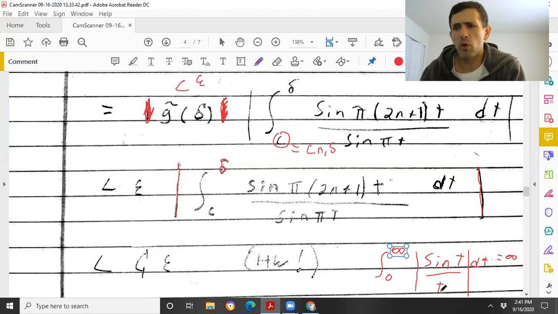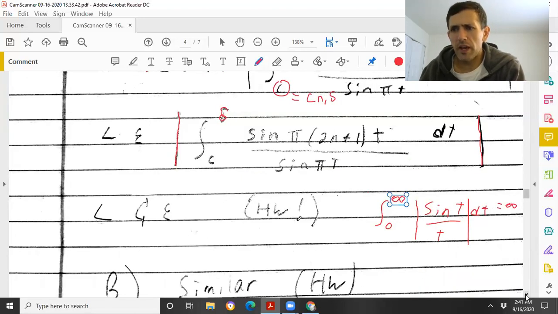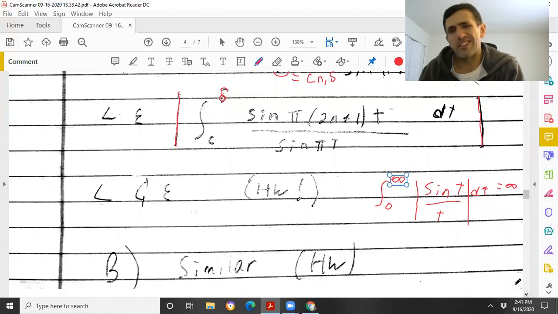This behaves like 1 over n on each interval n to n plus 1. So this is going to diverge basically like the harmonic series. Okay, and like I said, b is basically the same. There's really no difference. So both of these are going to be for homework. B is just change of notation.